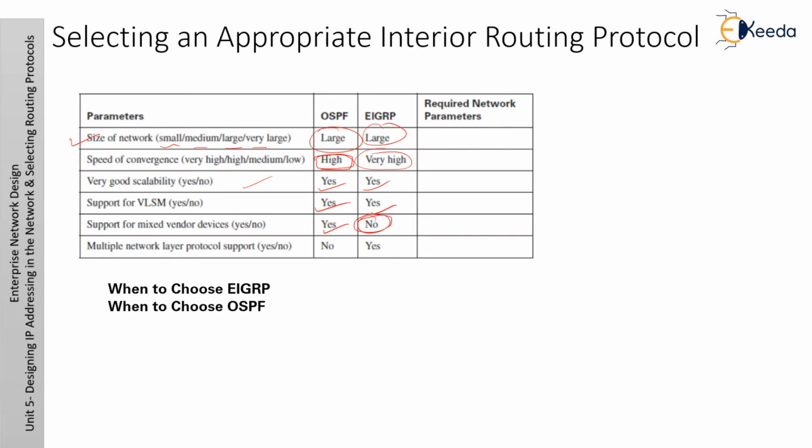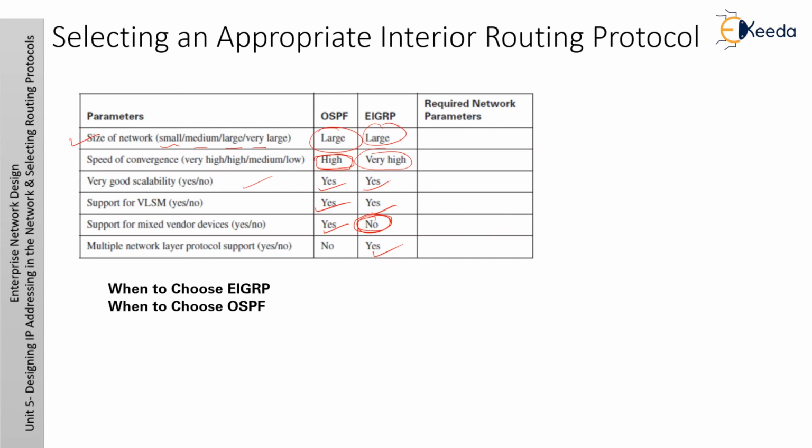EIGRP, as already discussed in the EIGRP slide, does not support mixed-vendor devices because it is Cisco's proprietary protocol. Multiple network layer protocol support is done with the help of EIGRP, and it is not done with the help of OSPF.